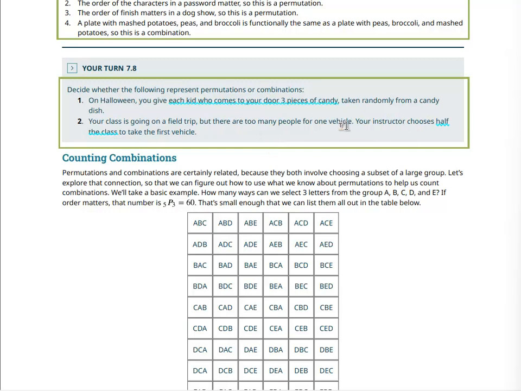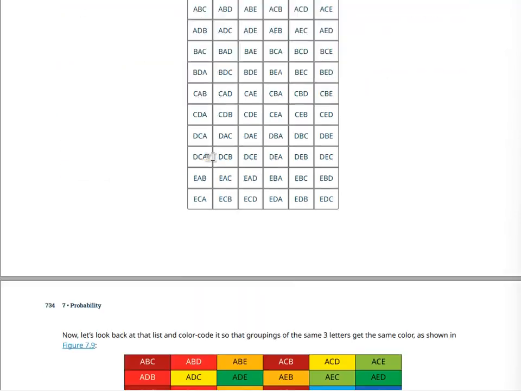Here, your instructor chooses half the class to take the first vehicle, and seating them in there doesn't really matter in which order they are, so it's a combination, unless, of course, somebody decides, okay, this one person is going to get shotgun, and this person is going to sit on the right or left. Now it would matter.